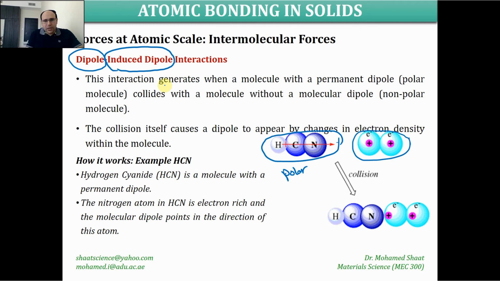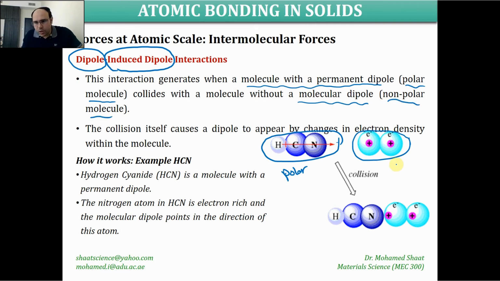So this interaction, which is an induced dipole interaction, generates between a molecule with a permanent dipole, called a polar molecule, that collides with a molecule without a permanent molecular dipole, known as a non-polar molecule.